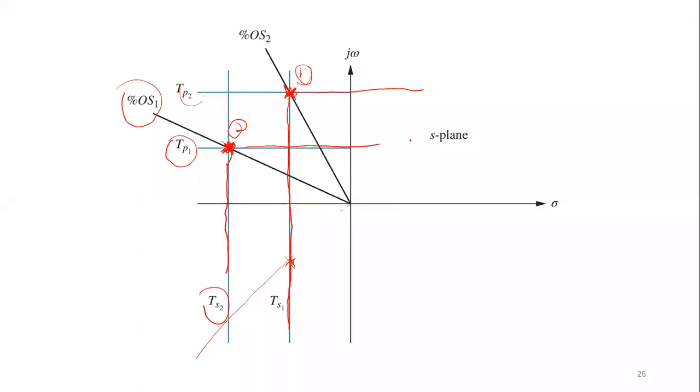Then you can compare. System number 1 has a faster settling time but slower peak time, compared to system number 2, which has a faster peak time but slower settling time. Okay, so that's it.